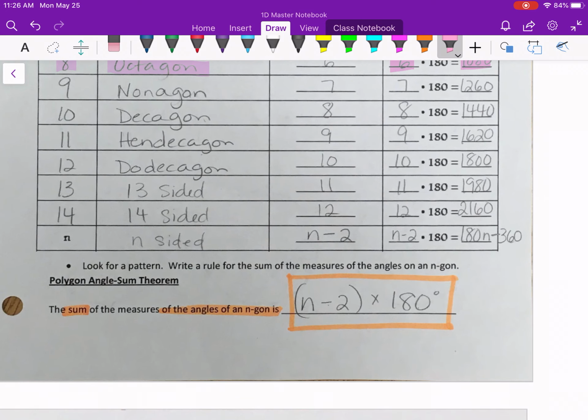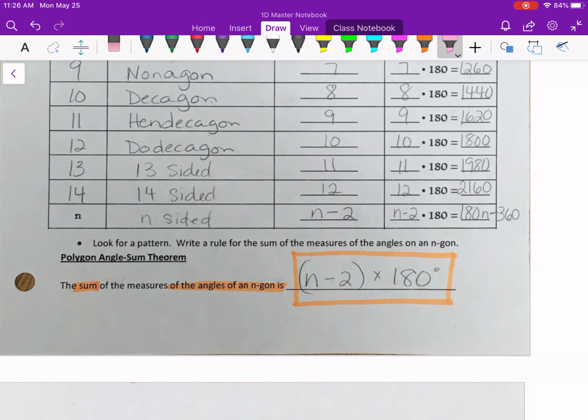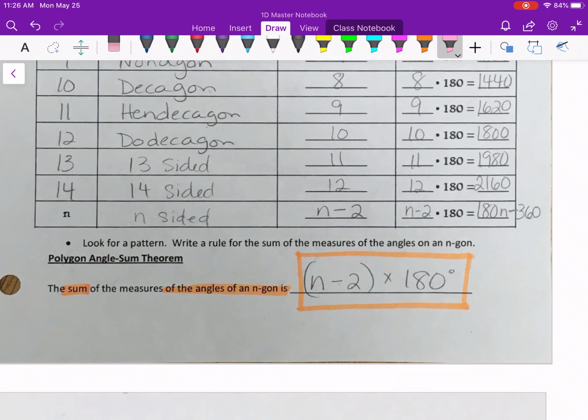We can actually make it into a formula. So that's what's happening in this last row here. In the last row, they're saying, what about an n-sided figure? What's n? N is anything you want. If n was 20, then we'd have 18 triangles inside a 20-sided figure. If n was 100, then we would have 98 triangles inside a 100-sided figure.